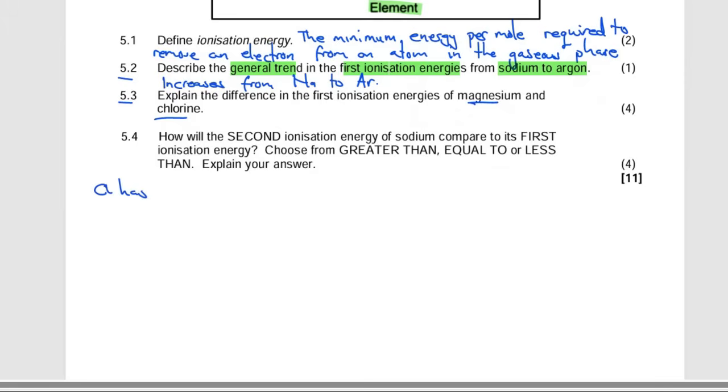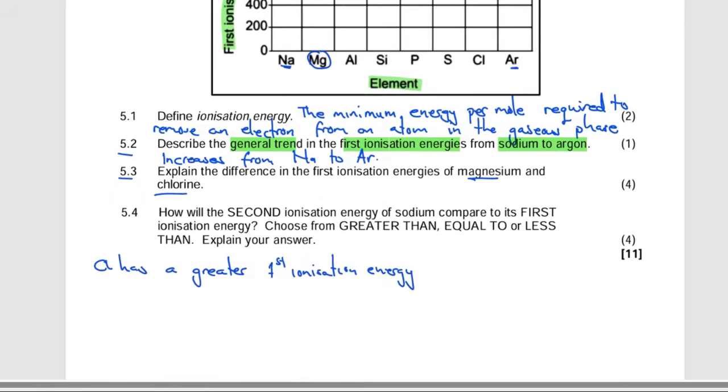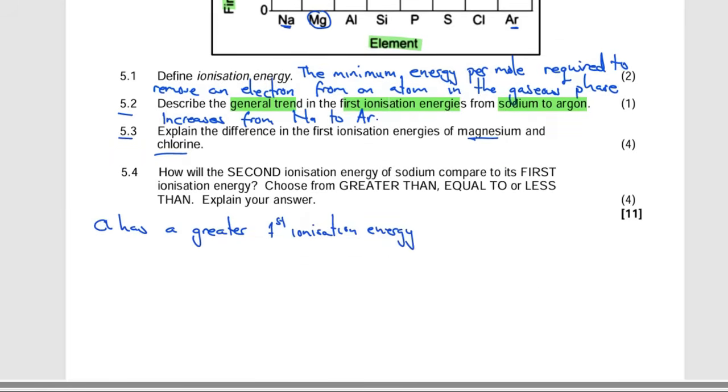It has a greater first ionization energy. You can see it is at the top, so above 1200. The one for magnesium is between 600 and 800, so I can assume it's roughly around 700.